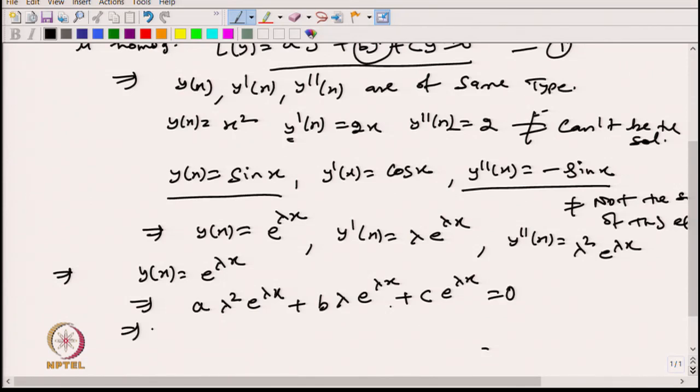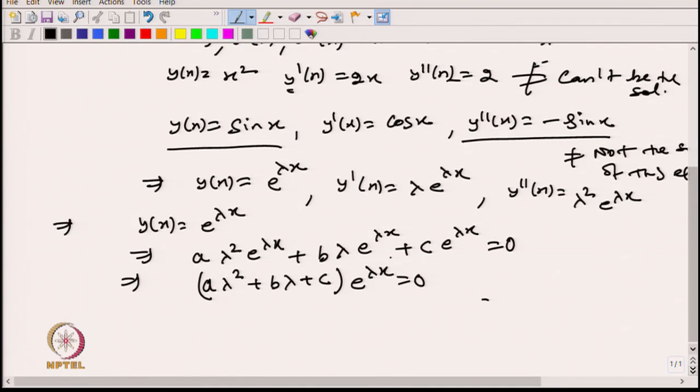And then from here we can take this lambda square plus b lambda plus c together, taking e raised to lambda x outside. We have also discussed in the previous lecture that this function is not equal to 0, so it cannot be 0.